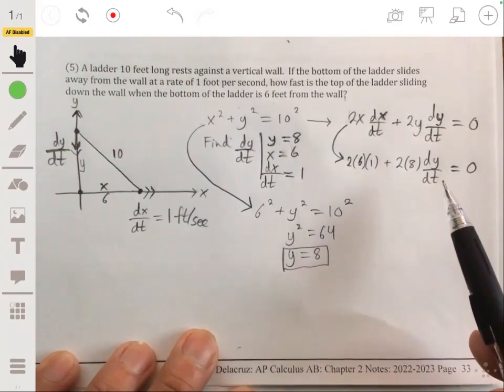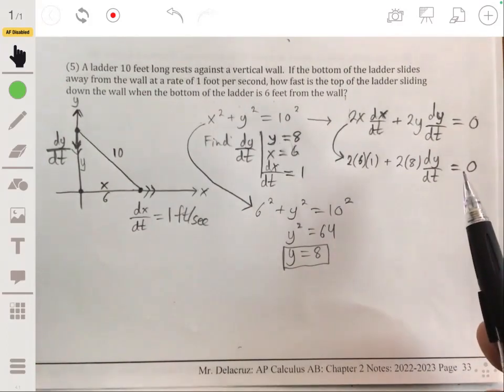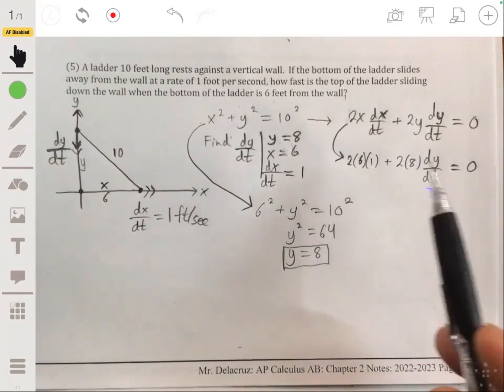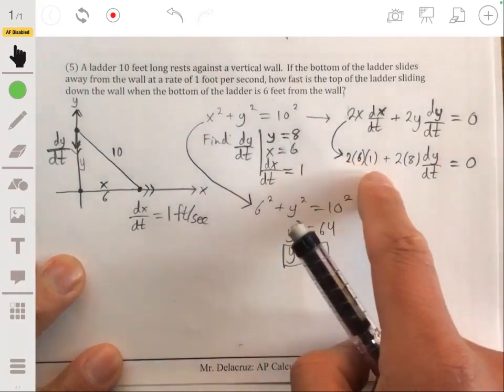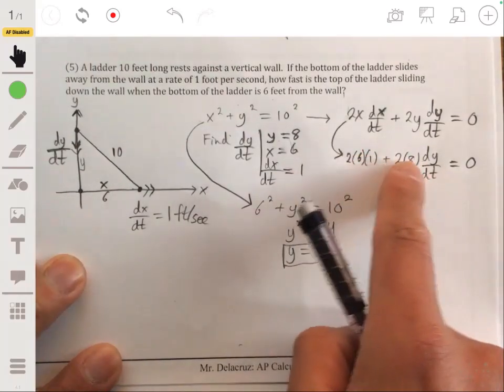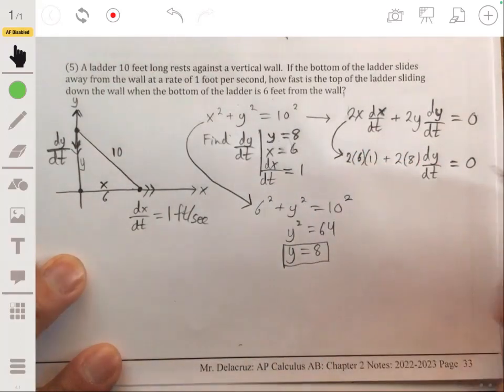Treat dy/dt like it's a variable term. It's not technically really like that, but it works in this case. So let's subtract this and divide by 16, and we'll get dy/dt.